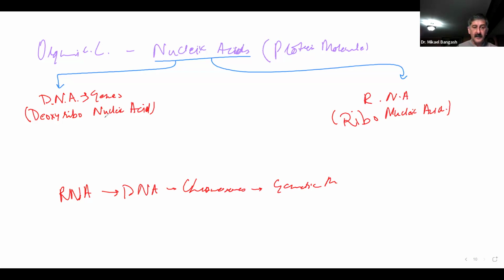Now, as far as DNA or RNA is concerned, there are only going to be 4 different nucleic acids.